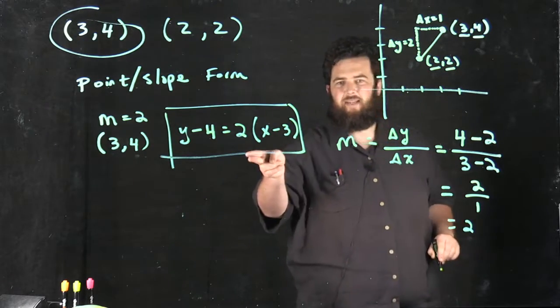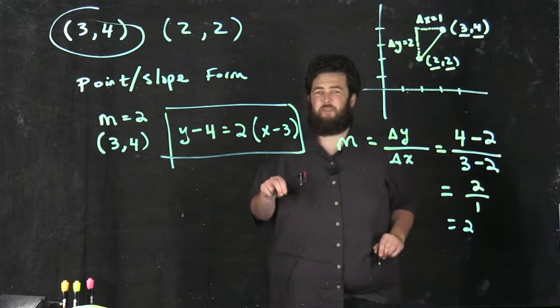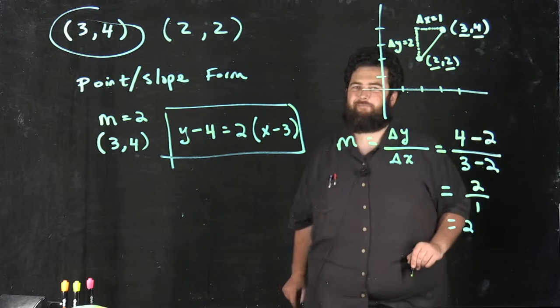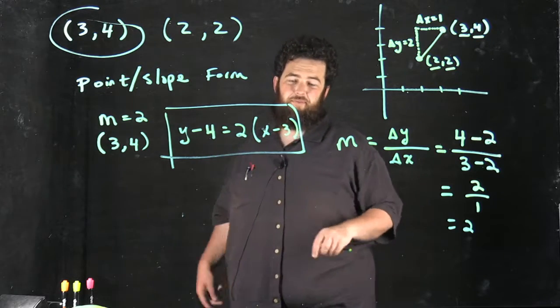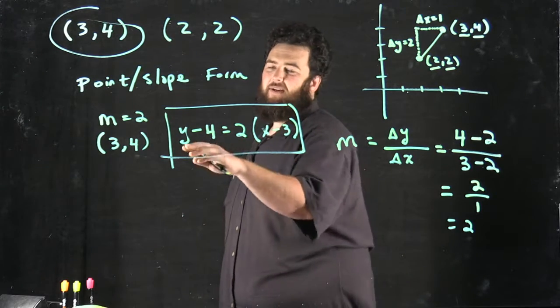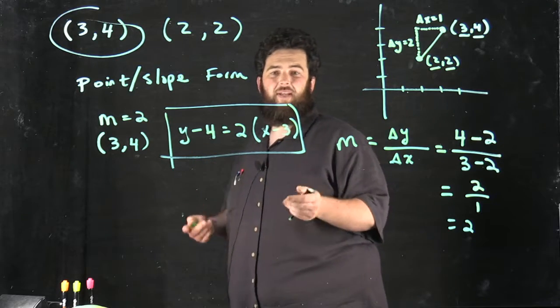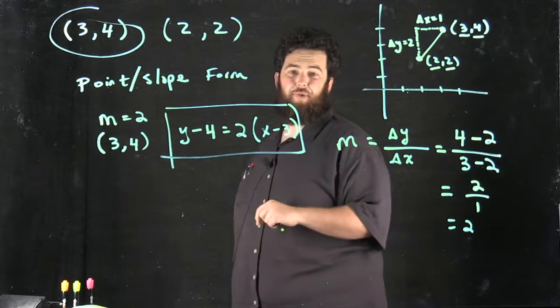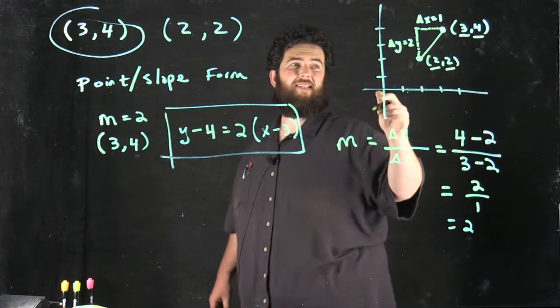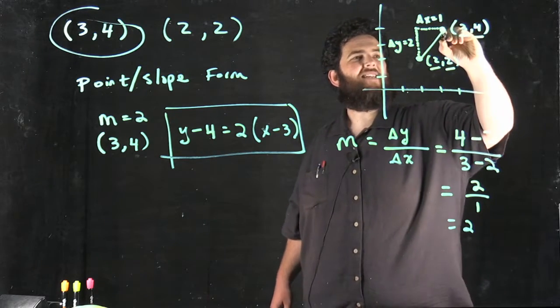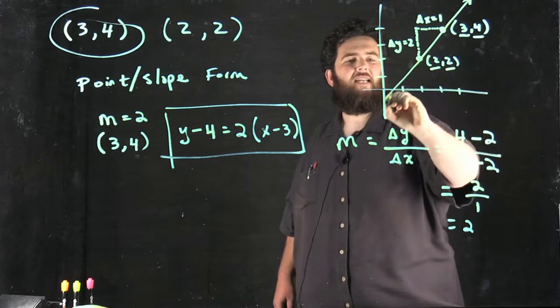And that right there is the equation to the line between these 2 points. This equation, if you were to find all of the xy pairs that make this equation true, those are precisely all of the points that fall on this line, right? It's this line that we've just created.